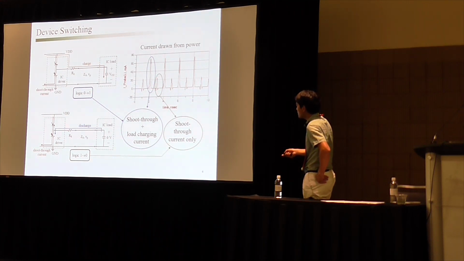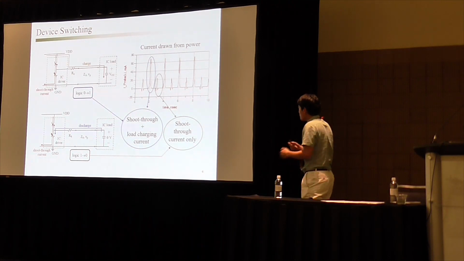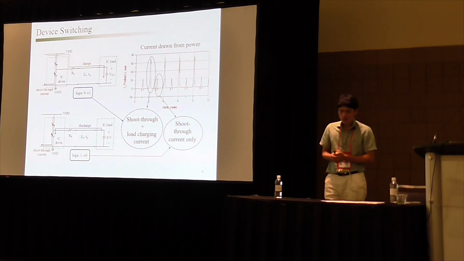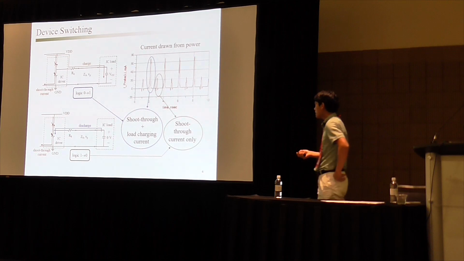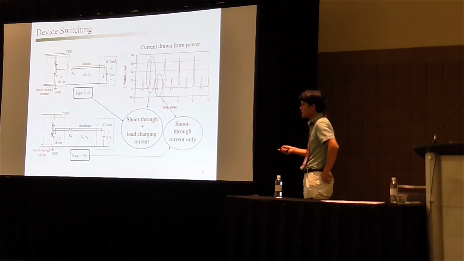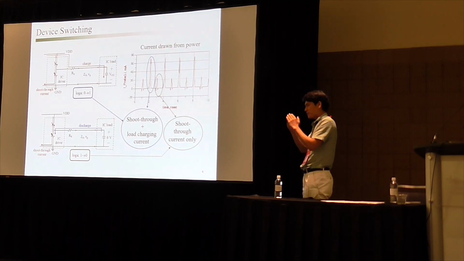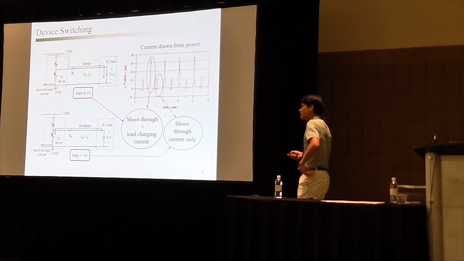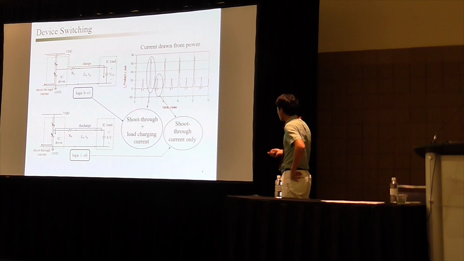The important thing to remember is that the current drawn by these CMOS circuits can be represented as triangular-shaped pulses, and this is the operating frequency.